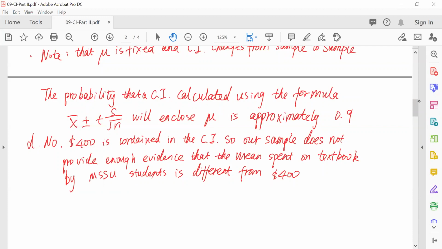So for part D, if we were to generalize what the question asked, if we're talking about any value within the confidence interval, the answer to D would be no. But if the question said, can we conclude that the mean is different than 500 or something, some value outside of this interval, we could say yes, we can conclude this is true with the same 90% confidence. Is that what this question is saying? Yes, exactly.